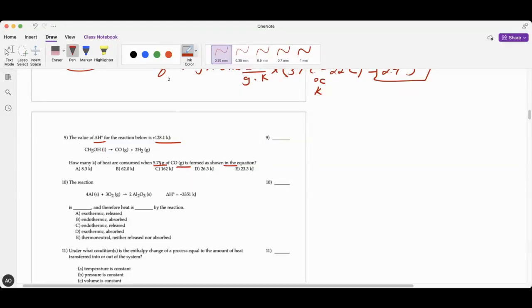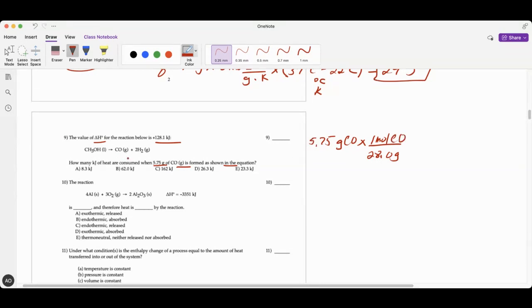It is. So we need to convert the 5.75 grams of carbon monoxide to moles. So that's going to be 12.011 plus 15.9994. So the molar mass of carbon monoxide is 28.0 grams per mole.